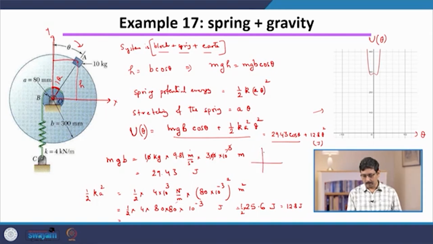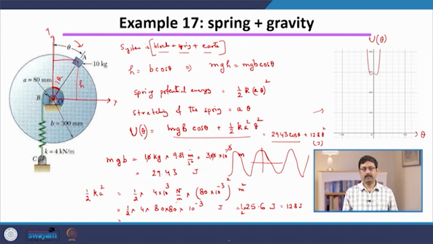At theta equal to 0, cos theta is 1, so it has the maximum. It looks like this. On the negative side it looks like this. Now, this something times theta square, you know that this is the equation of a parabola. At theta equal to 0, this is 0, and then it grows.